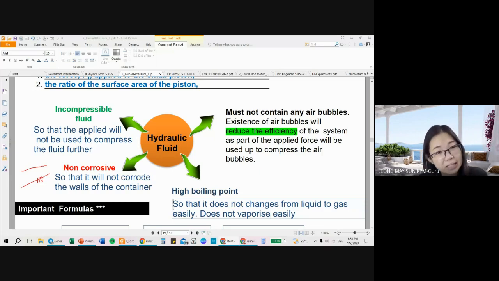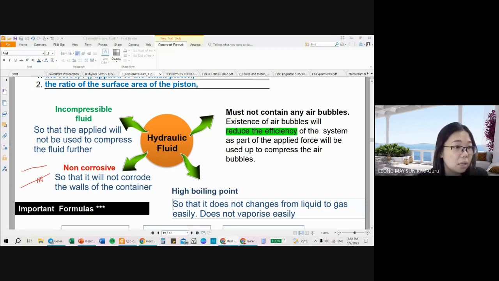Hydraulic fluid is part of a hydraulic system, which uses Pascal's principle, and Pascal's principle has nothing to do with density. So low density should not be counted for the hydraulic fluid.